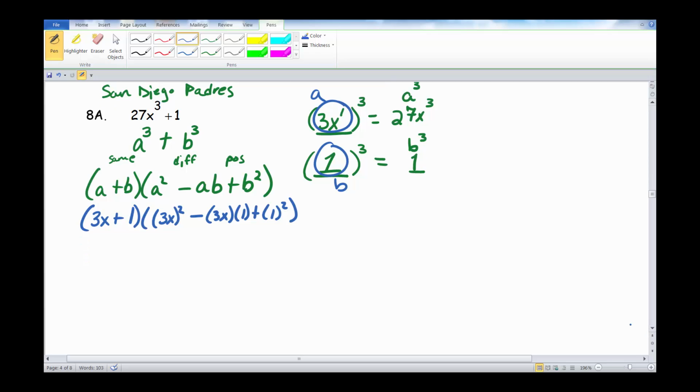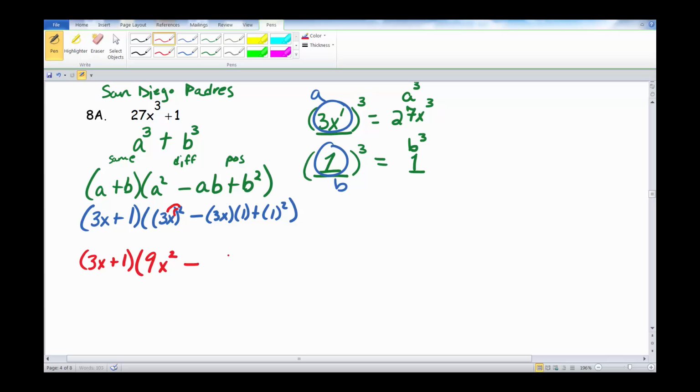Now what we would do last is just simplify this. So the entire first piece is actually fine. It's still just 3x plus 1. For the second piece, we have 3x being squared. We're going to go ahead and distribute that square to both items. So the 3 is getting squared, giving us 9. Likewise, the x is getting squared.